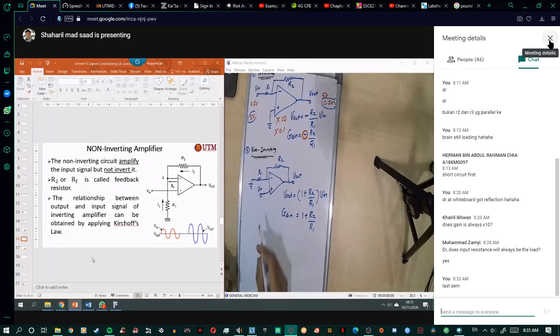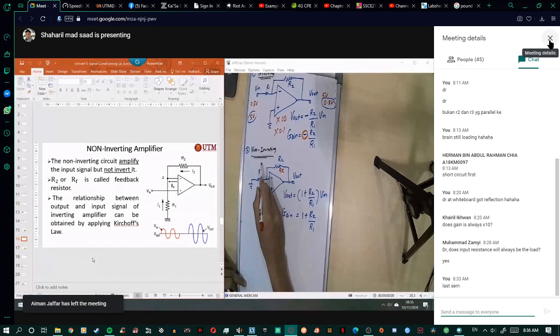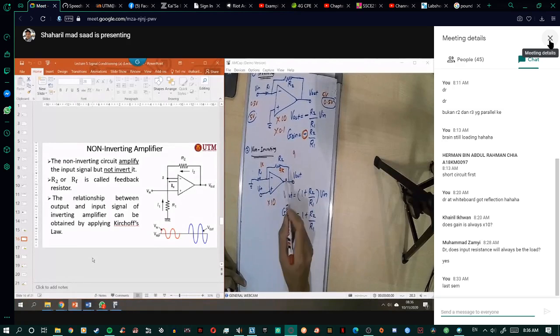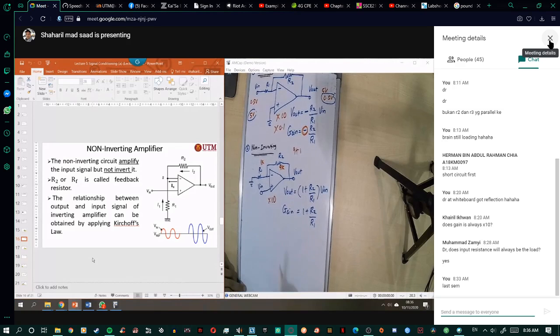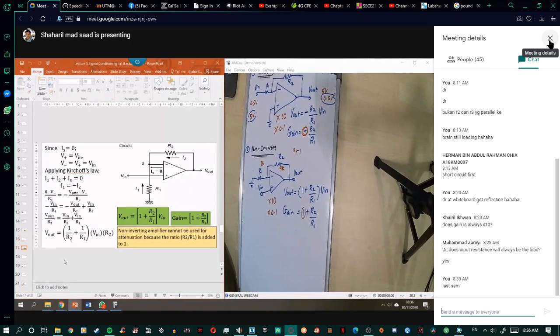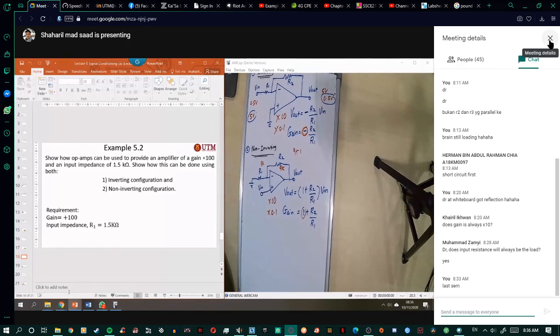For example, to get a gain of 10, R2 needs to be 9K and R1 1K. So 9K divided by 1K gives 9, plus 1, you get 10. However, for non-inverting, you cannot multiply with 0.1, because of this. You learned this already in your Lab 1.